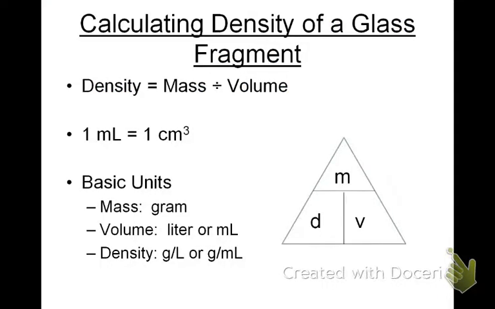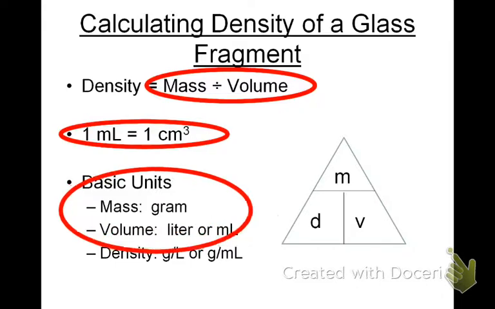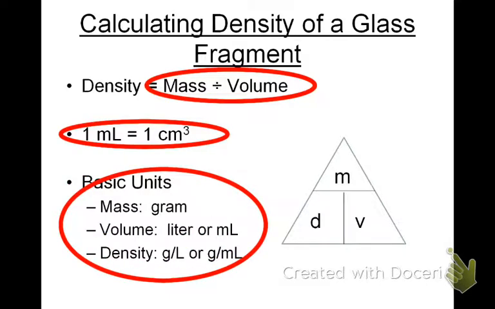Just a little reminder of how density is calculated: mass divided by volume. Remember that when we're talking about a glass fragment, that's solid volume, but we're going to use liquid volume to help determine that volume. So keep in mind, 1 milliliter is equal to 1 cubic centimeter. Also keep in mind the basic units of mass, volume, and density.